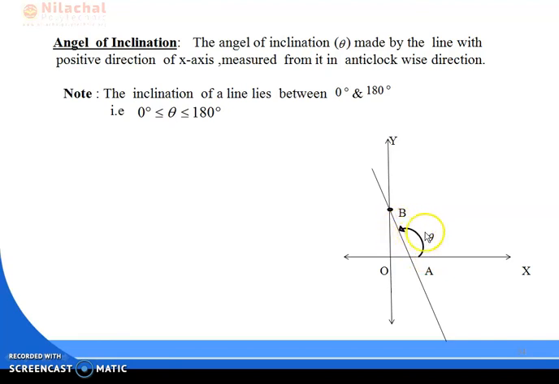This is called the angle of inclination. So this angle is called theta only. The angle of inclination always lies between 0 degree and 180 degree, that is, 0 degree is less than or equal to theta, which is less than or equal to 180 degree.